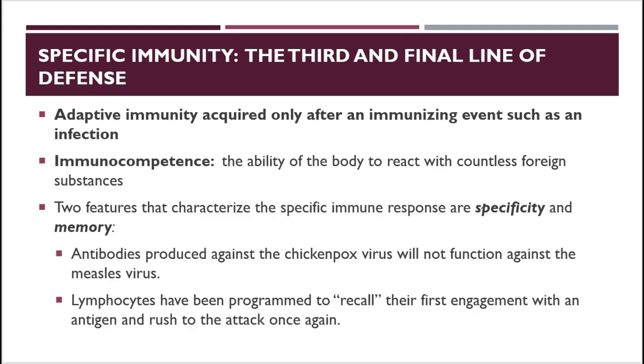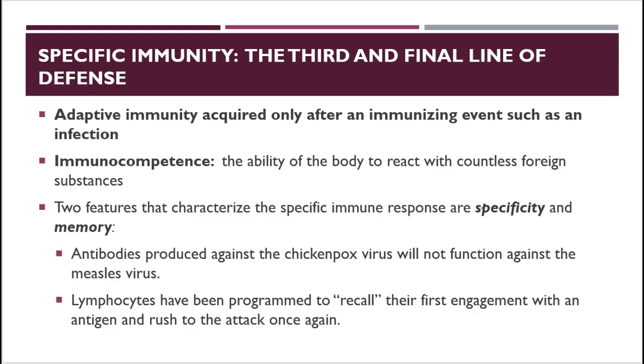The third line of defense, or specific immunity, provides immunocompetence, and that means that the body is able to react to innumerable foreign substances that might invade the body. Because the system is adaptive, it responds to new foreign invaders. There are 2 features that characterize specific immunity, and that is specificity and memory.